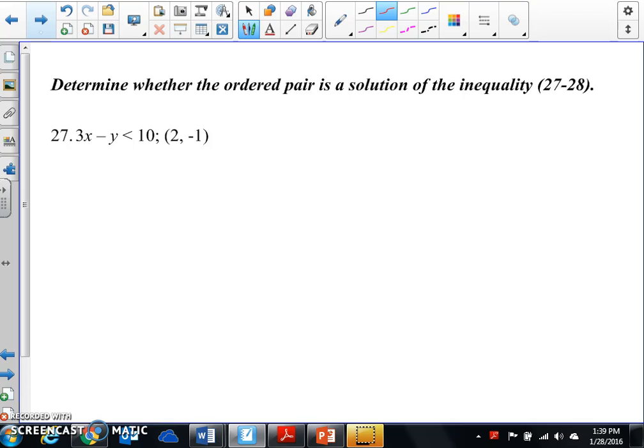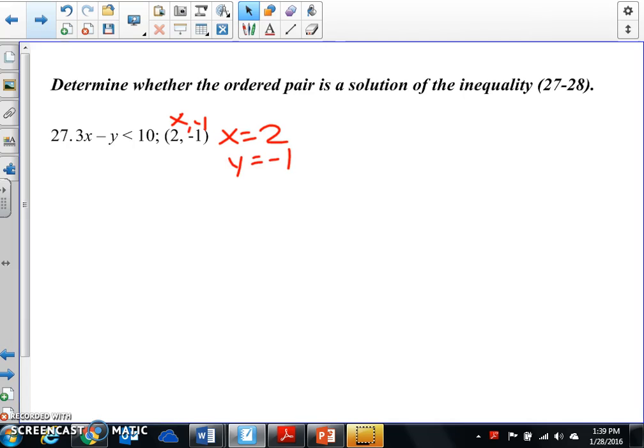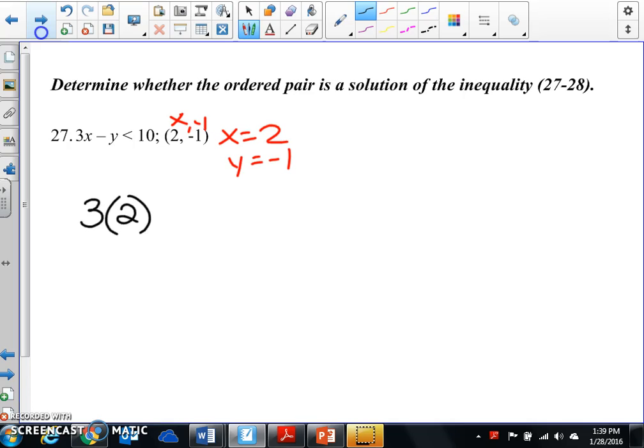All right, determine whether the ordered pair is a solution. This is like what we were just doing a couple ones ago. This is your x value, so x is equal to 2, and this is your y value, so y equals -1. All I'm doing is plugging in and making sure that the inequality is true. So 3 times x, which is 2, minus y, which is negative 1, is less than 10.